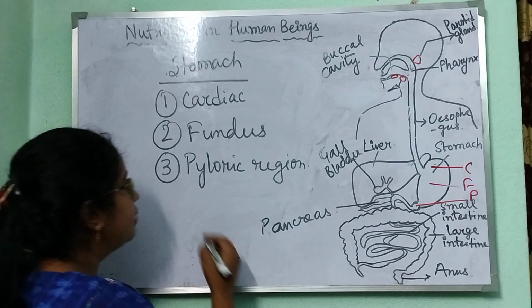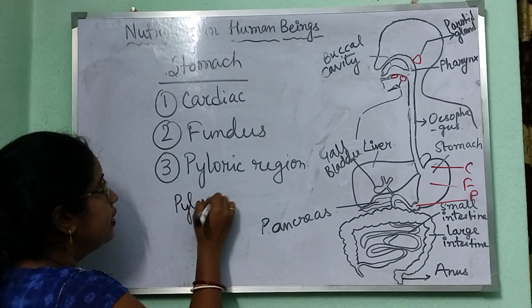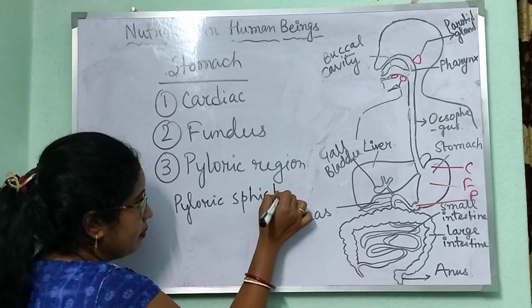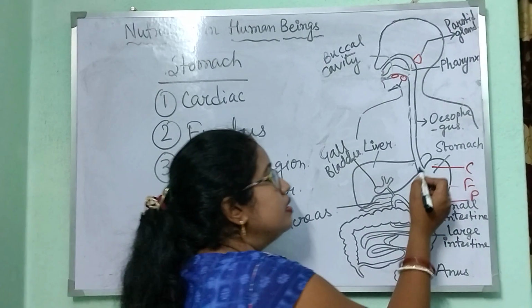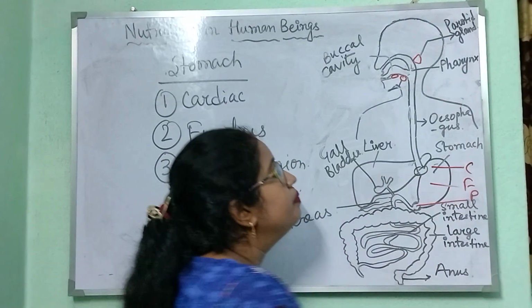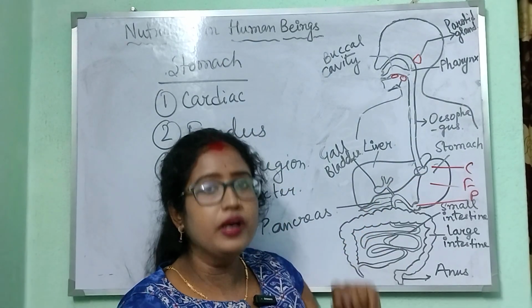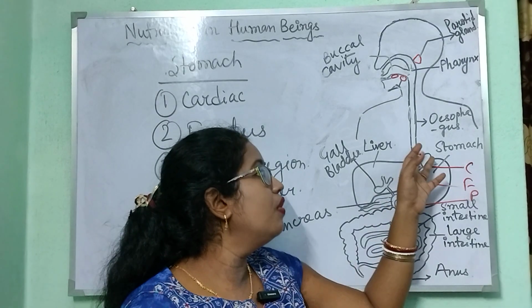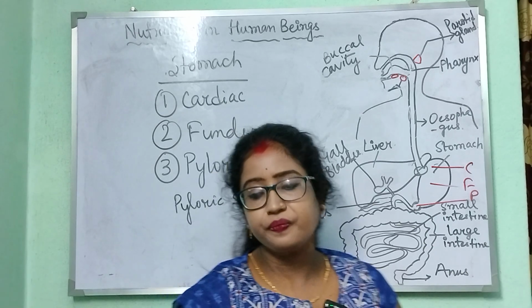This sphincter muscle is known as the pyloric sphincter. There is another sphincter muscle at the junction of the esophagus and the stomach. It prevents backflow of food into the esophagus area.